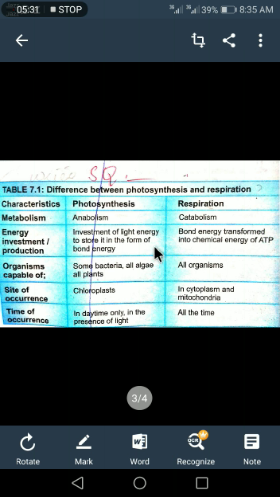Photosynthesis takes place only in plants, while respiration takes place in all organisms. Photosynthesis takes place in organelles called chloroplasts and respiration takes place in organelles called mitochondria.